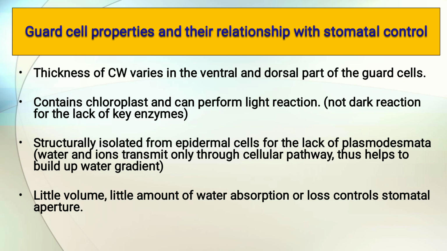They are structurally isolated from epidermal cells for the lack of plasmodesmata, so water and ions transmit only through the cellular pathway, which helps to build up water potential. Then a little volume, a little amount of water absorbed or lost, controls the stomatal apparatus.